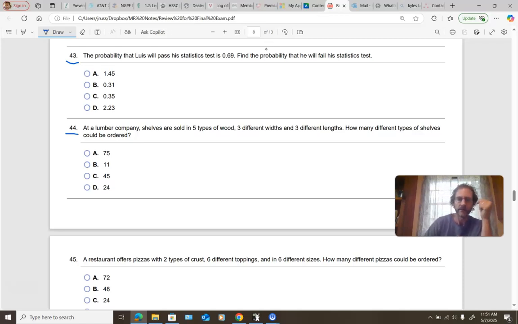If the probability that he passes is 0.69, then the probability that he fails will be 1 minus 0.69, which is, oops, I wrote 6.3, which is going to be 0.31, okay? It's just whatever probability is left, that's the probability that he will fail the exam. So 0.31.